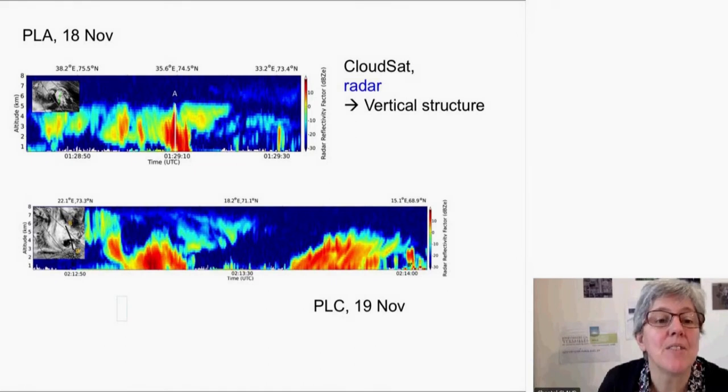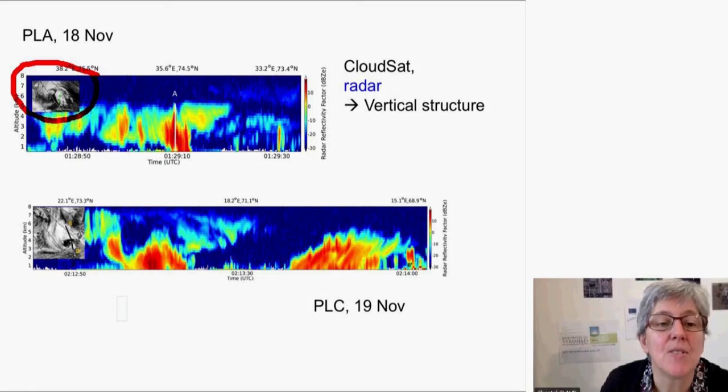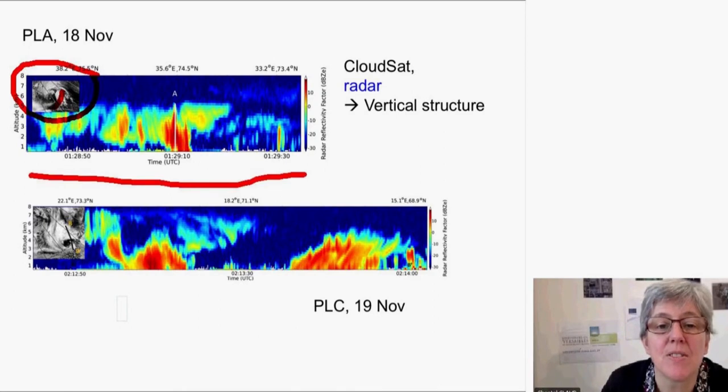And for example, if we look at this polar low here, which is polar low A, we had this radar, which is on board a satellite, which crossed this polar low here, and it gives this kind of plot here on the top, and this is the time. Here you have the time going on, and here you have the altitude.